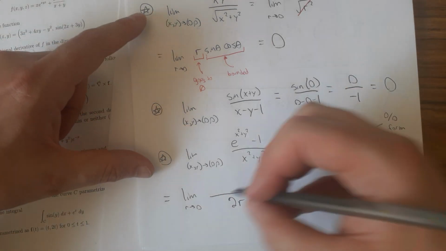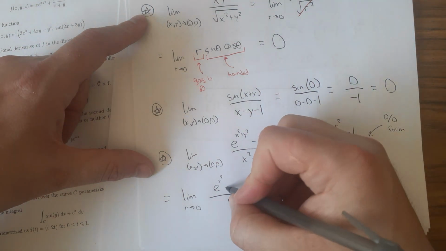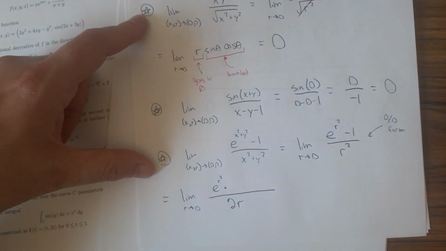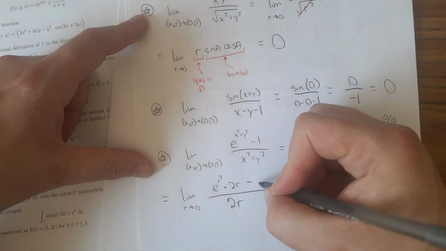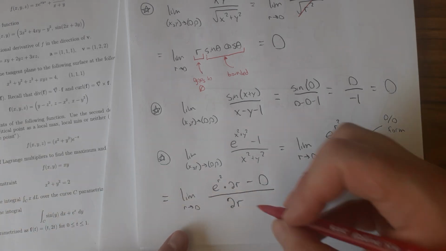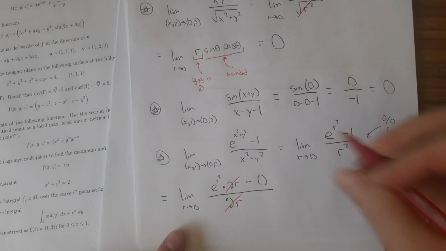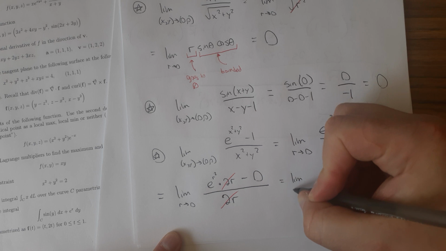Derivative of e to the x is e to the x, and I'm using the chain rule, so I have to multiply by the derivative of the inside, so 2r. 1 just turns into a 0 when I do the derivative. So that 0 doesn't do anything. I can ignore it. And then this 2r cancels this 2r.